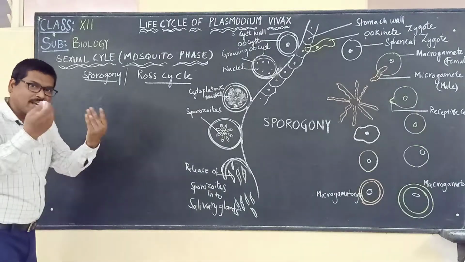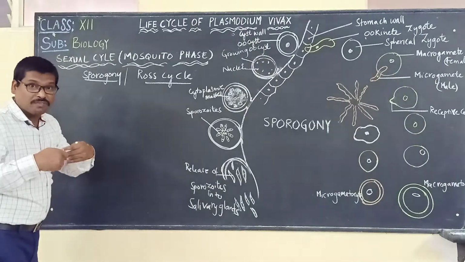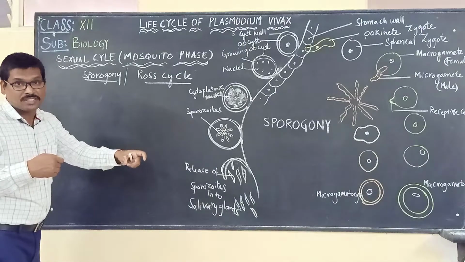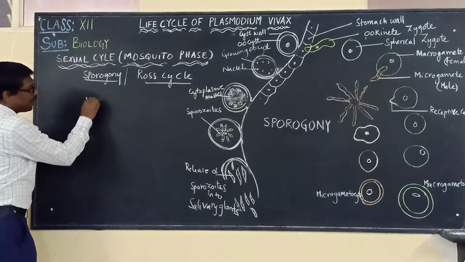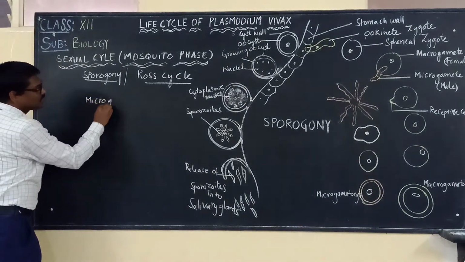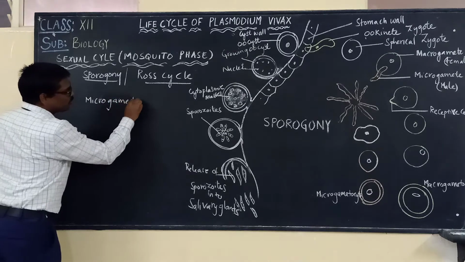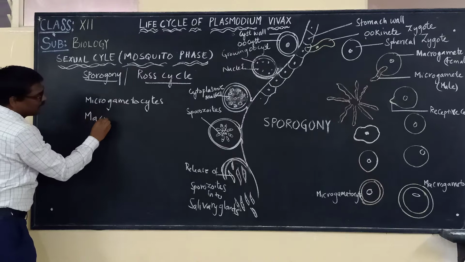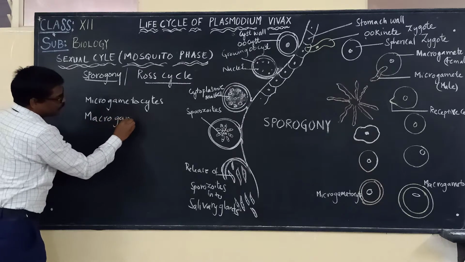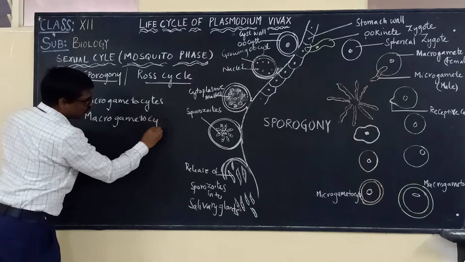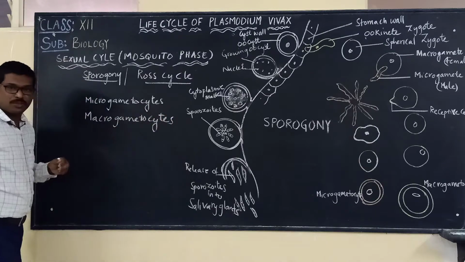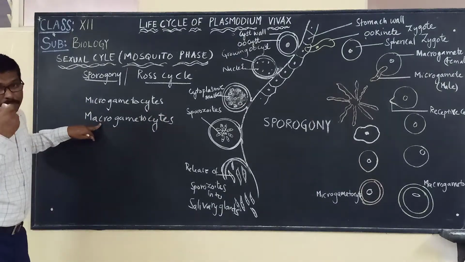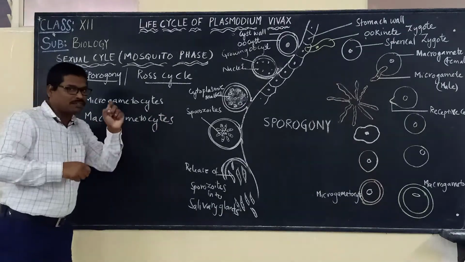So what is being taken into the body of the mosquito from an infected person? The microgametocytes and macrogametocytes will be taken up by the mosquito when it is sucking the blood of that patient.